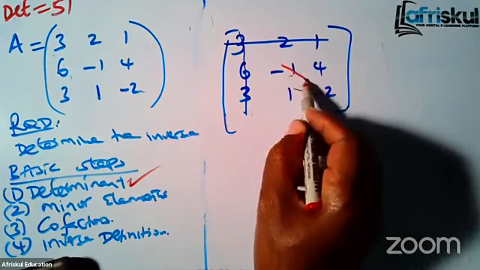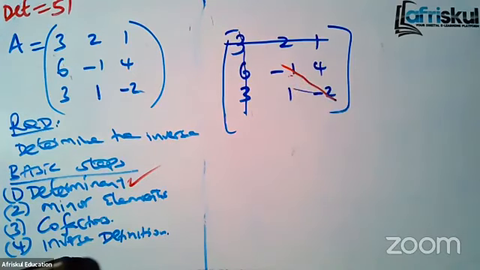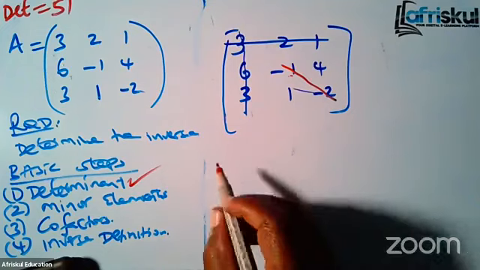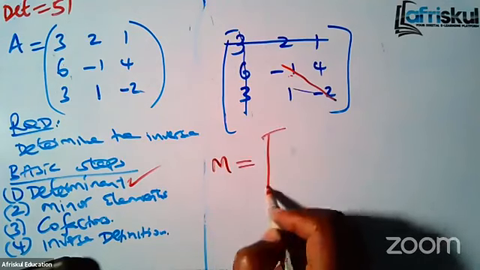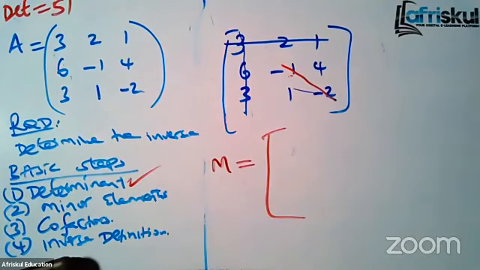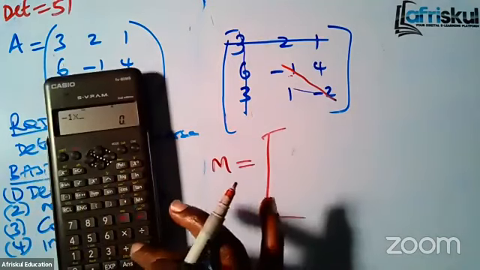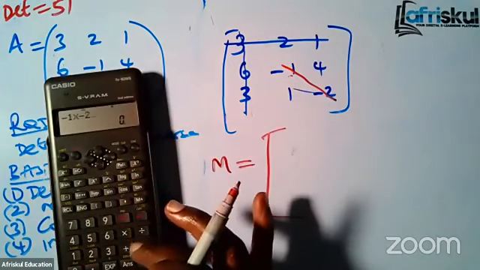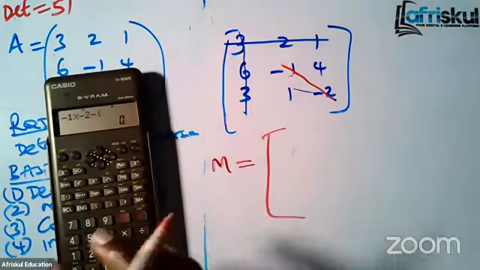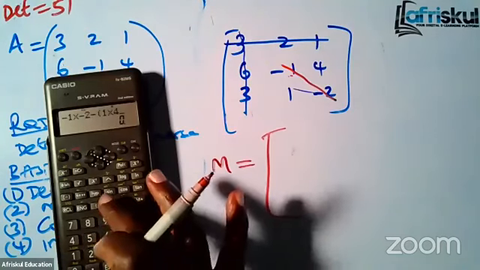So you have -1 times -2, and then minus the secondary. Secondary must always be put in brackets. So our minor element will be equal to -1 times -2 minus product of the secondary, where we have 1 times 4, you close.